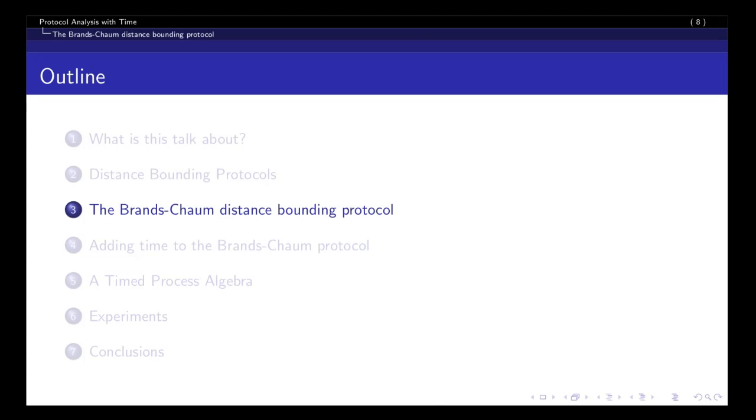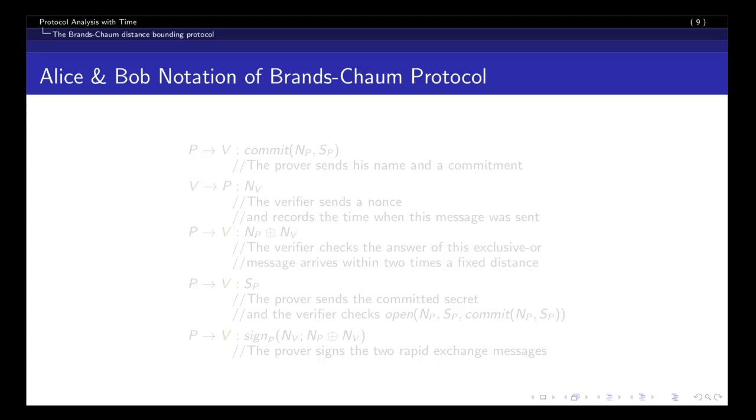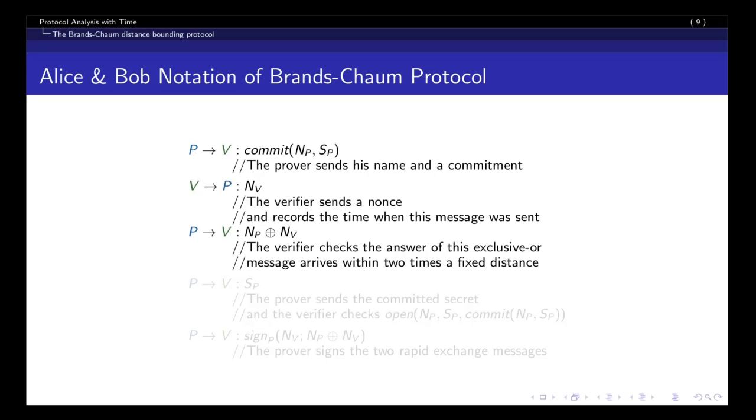Well, I would like to take a few minutes explaining how the Brands-Chaum protocol works in Alice and Bob notation. The first message that the prover sends to the verifier is the commitment. After that, the verifier sends to the prover the nonce and starts to record the time when the message was sent.